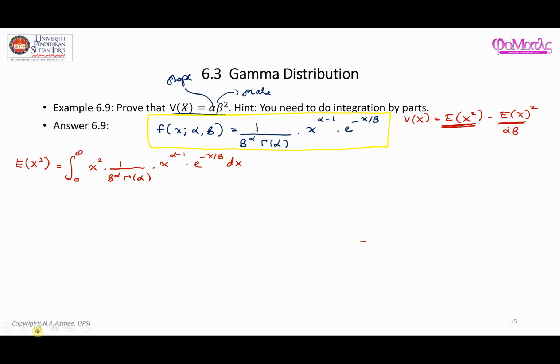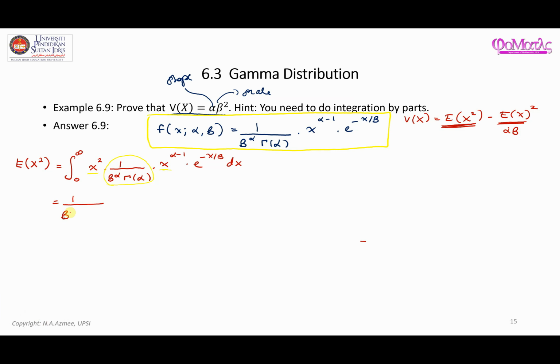Next, we can see that this part here is a constant, so we can take it out of the integral and we can combine these two x's together.